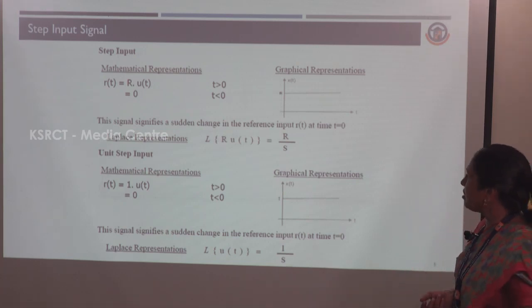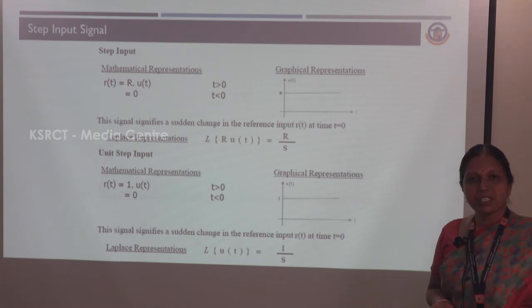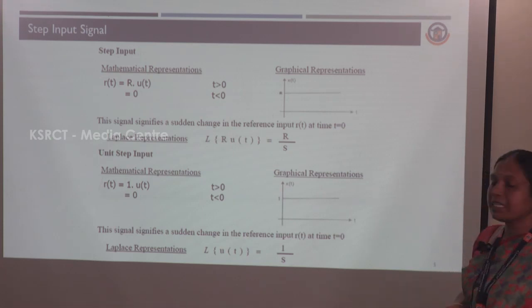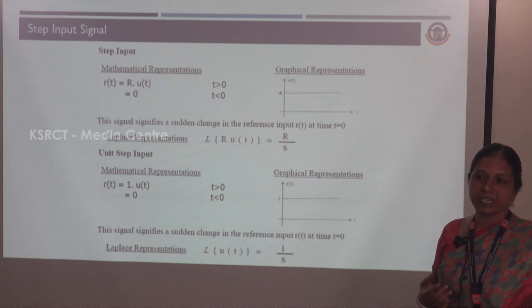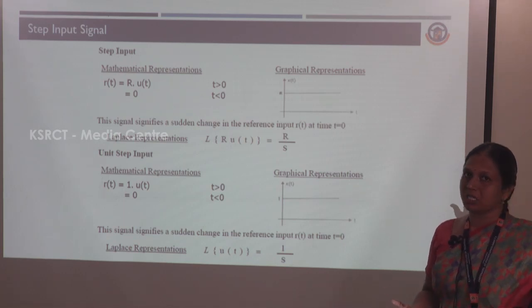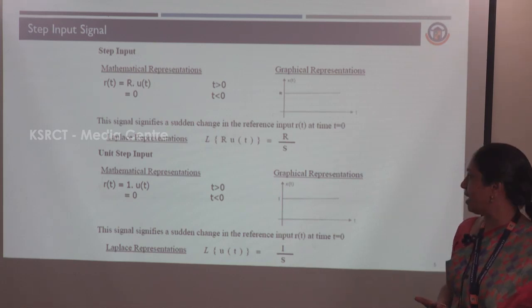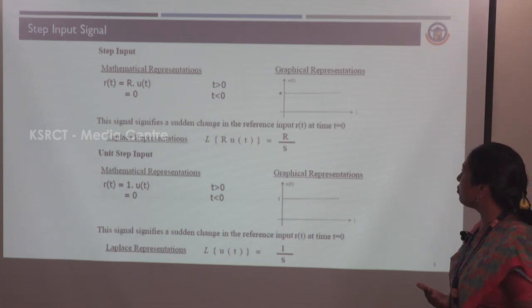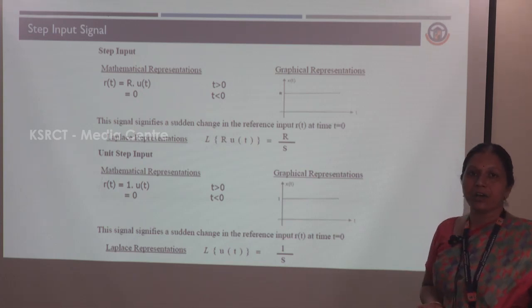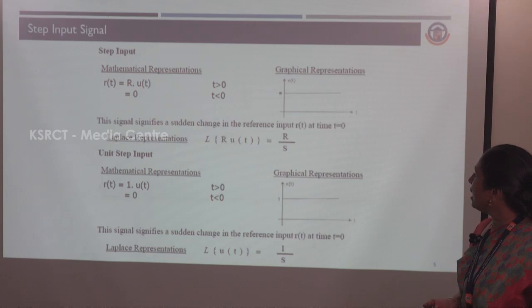So, the signal signifies a sudden change in the reference input R of t at a time t equal to 0. When time reaches t equal to 0 or greater than 0, it suddenly increases to R value. And the Laplace transform of the step input signal R into U of t is given as R by S.